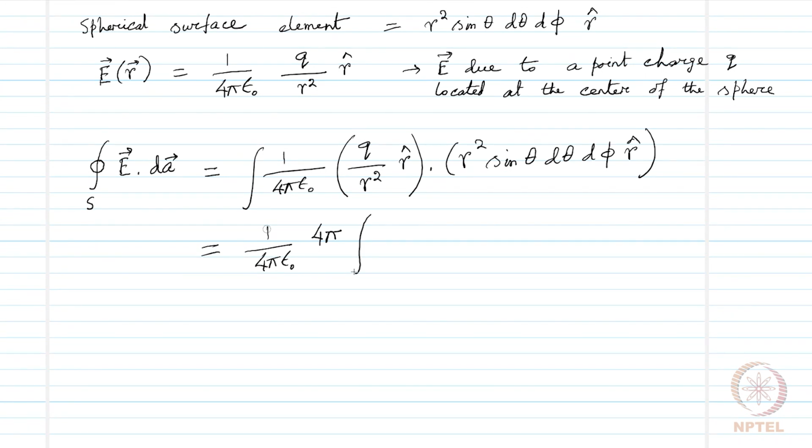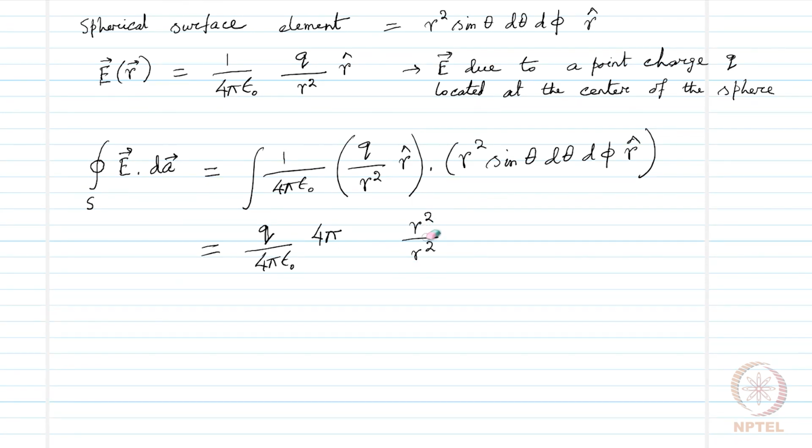We can also have q outside. Q is the amount of charge which is constant. Then we are left with r squared over r squared. So, after performing integration over theta and phi, we get this kind of a quantity.